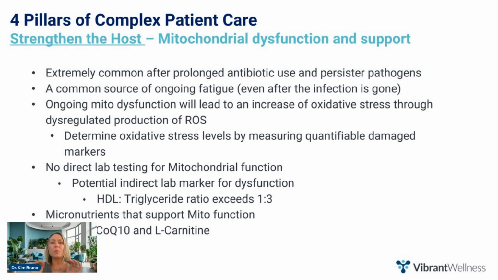So both cars may be going 20 miles an hour, but one has a lot more debris. Those dysregulated mitochondria have a lot more ROSs coming out, which then ultimately cause them to be more damaged and have more dysfunction, and it can all pass along. So you want to make sure that you're addressing their mitochondrial function.